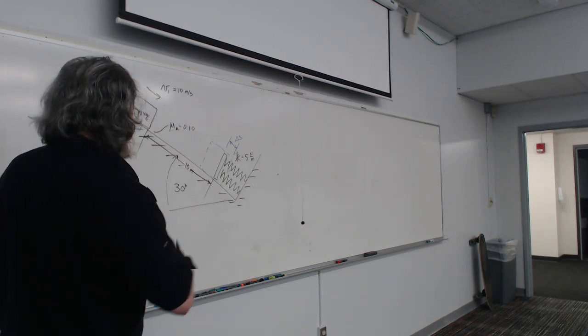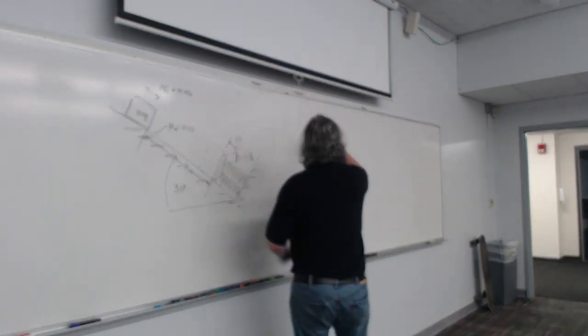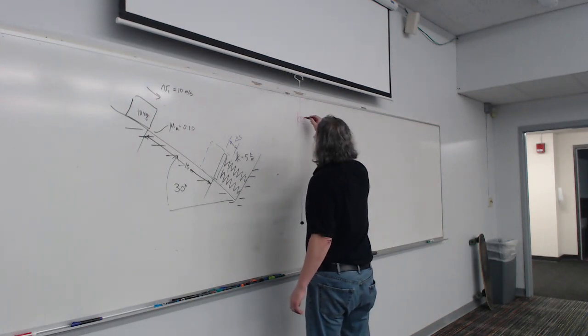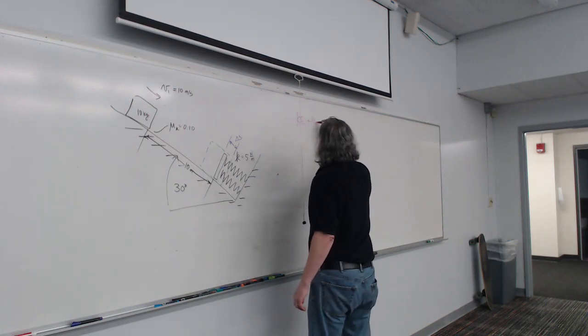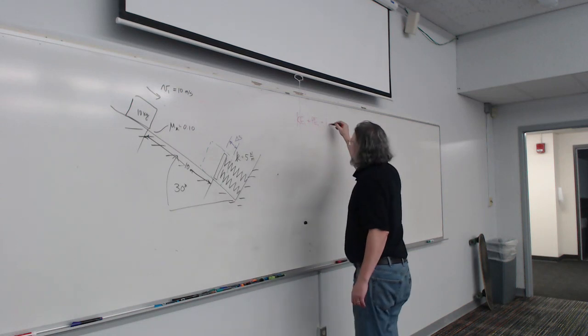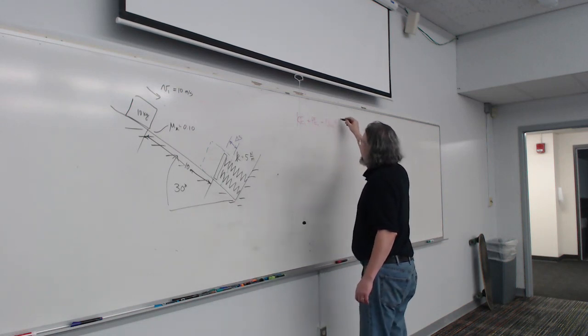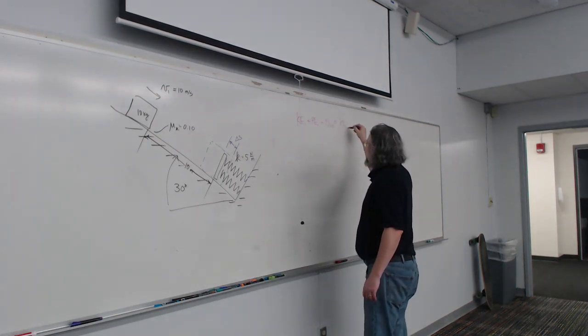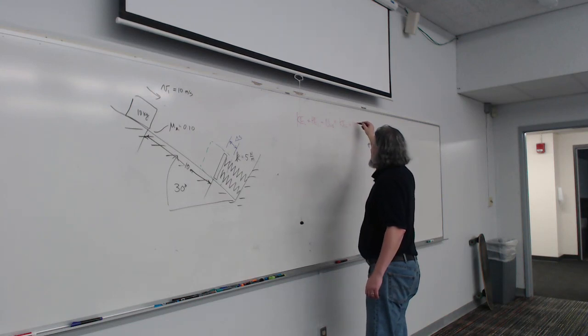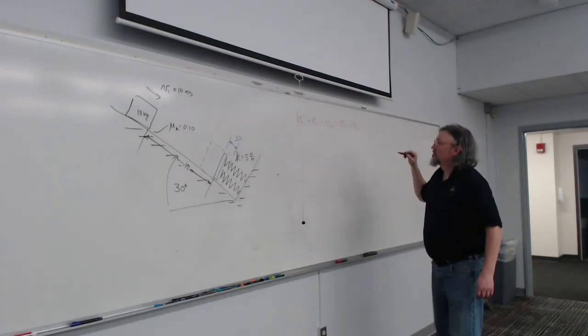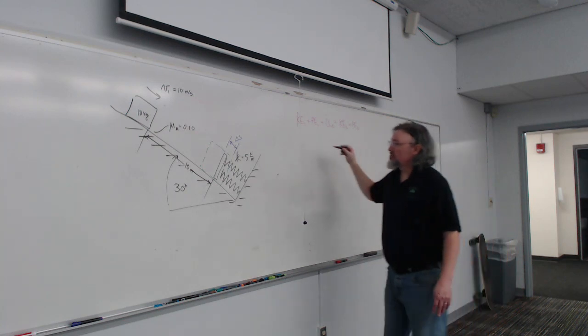So our first thing to do is to write out KE1 plus PE1 plus U1 to 2 is equal to KE2 plus PE2. And then start them out.